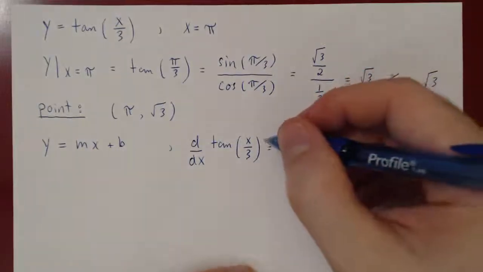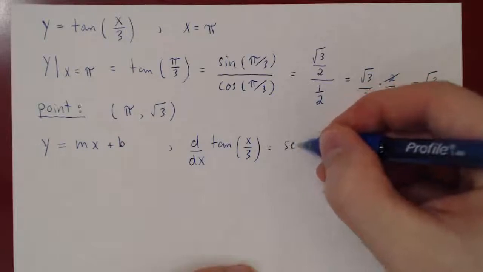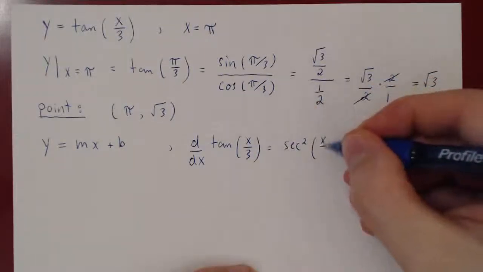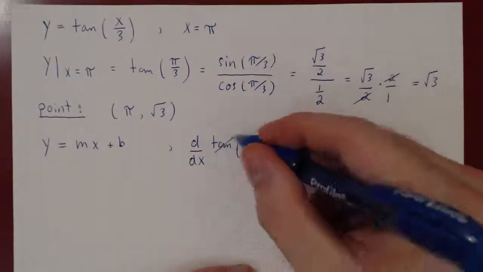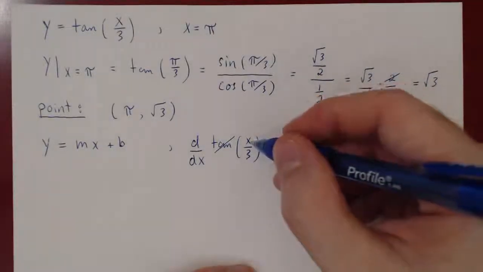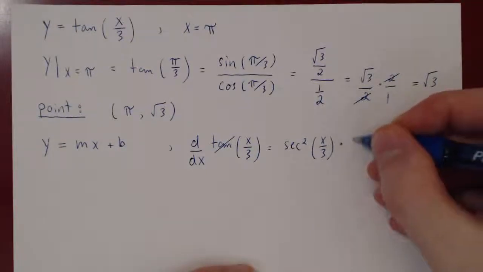We have a composition here of two functions. The derivative of tangent is secant squared of x over 3. That takes care of the derivative of tangent times, by the chain rule, the derivative of what's left over. But this is just a third times x, so the derivative is quite simply 1/3.